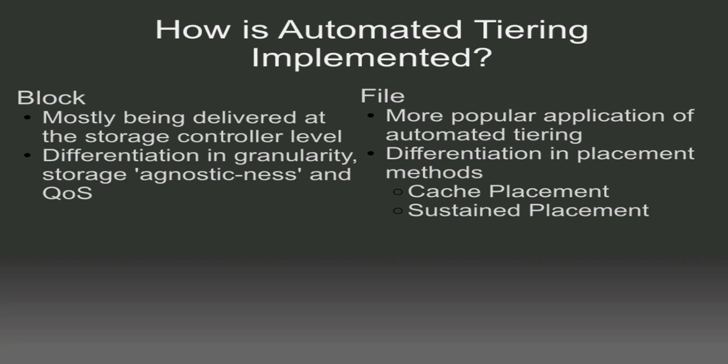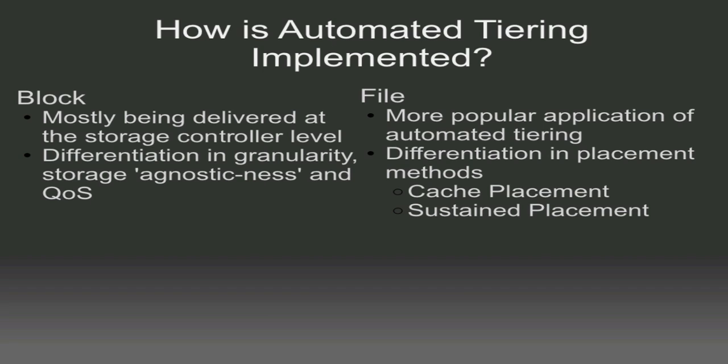So there's sort of the cache-based placement where the tiering is used to move data in a very, very temporary measure to a higher speed device. And then there's a sustained placement, which allows you to both migrate up to faster storage as well as down to more economical or power efficient storage.